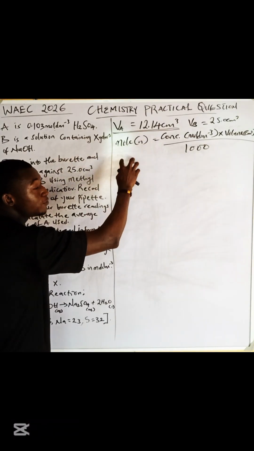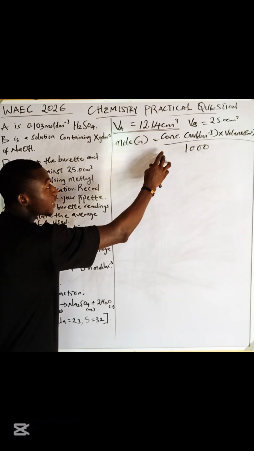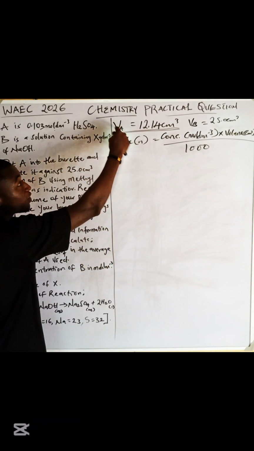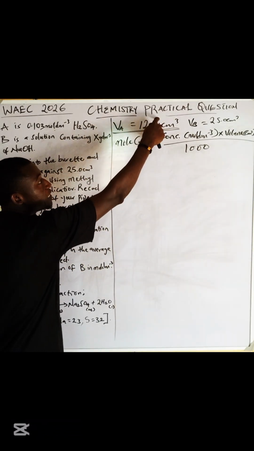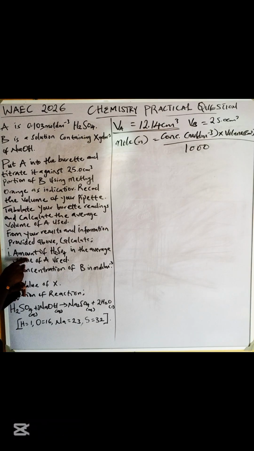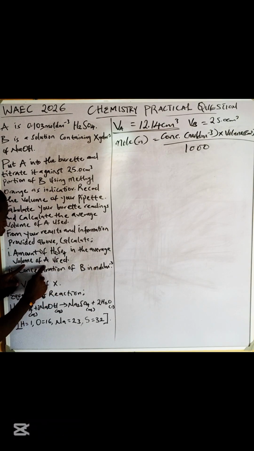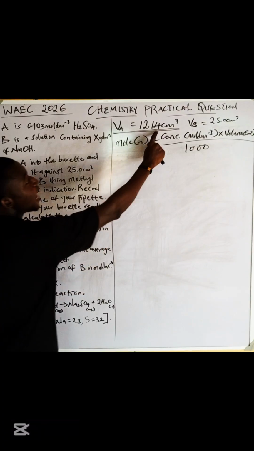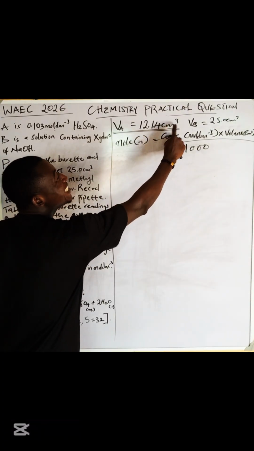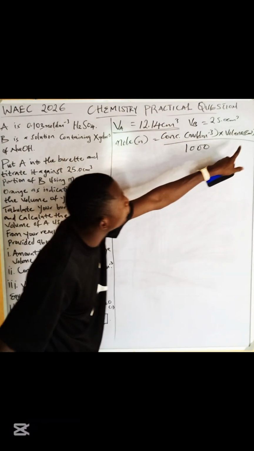And if you use first, second and third titer, you divide by 3. So your average volume of A is this one now. They are asking you to calculate the amount of H2SO4, which is your acid, in the average volume of A used. Do you understand? And the average volume of A used is given in cm³. So that means your volume here is what?